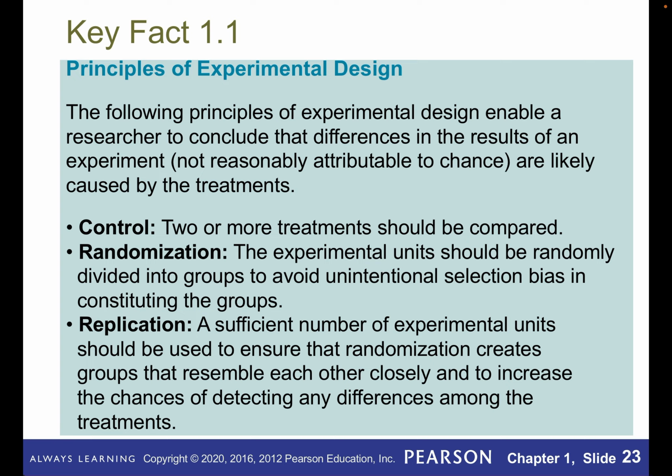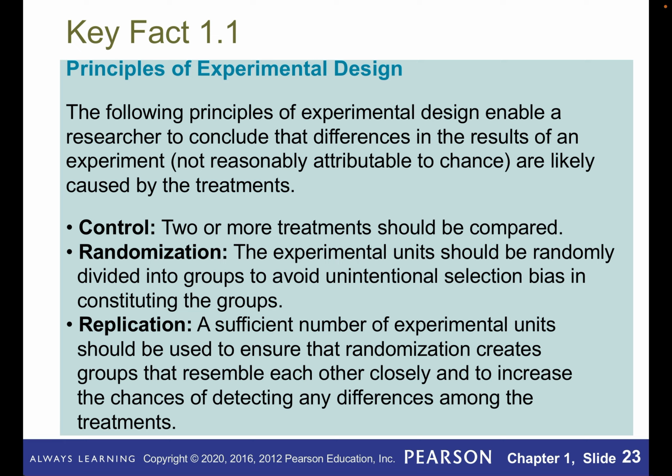Control here refers to how the experimental units are divided into groups so that the treatments can be compared. Randomization refers to how the units are randomly assigned to the different groups in the study.